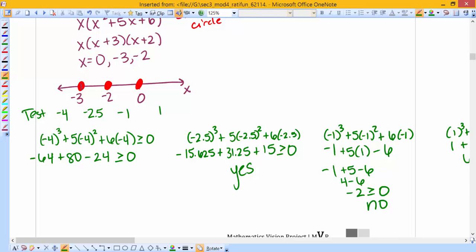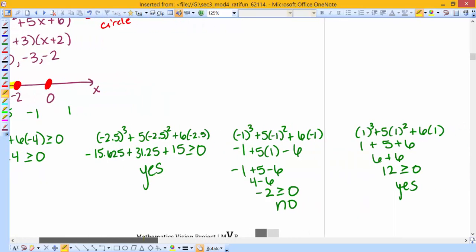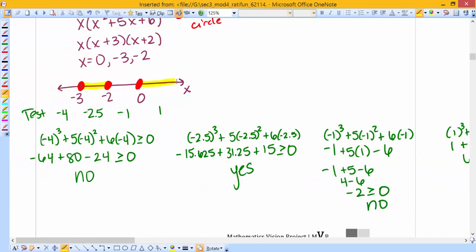This is going to end up giving me like negative 8. So, no. So I'm going to take my yeses, and the areas where they were yeses, I'm going to highlight. So negative 2.5 worked. And 1 worked.